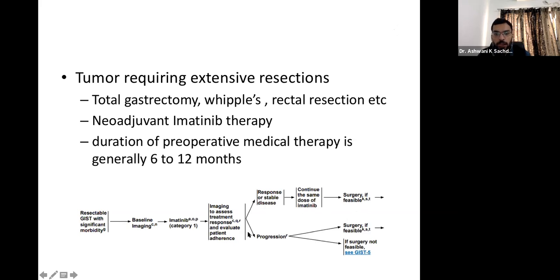And if there is progression of disease with initial imatinib therapy, then if surgery can be done at that time, surgery is to be done. If surgery is not feasible, then continue as in progressive disease. We'll see in the next slide.